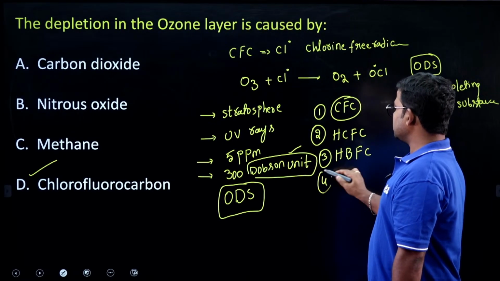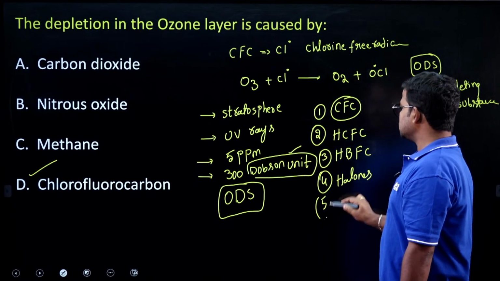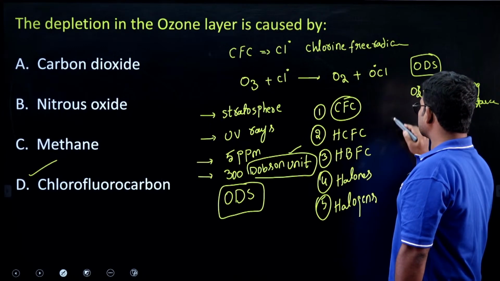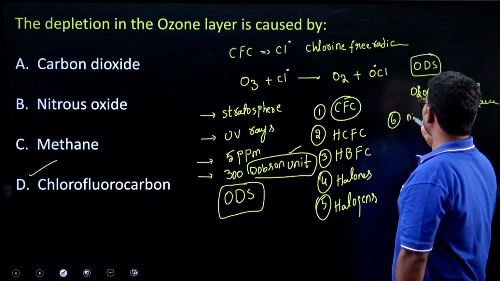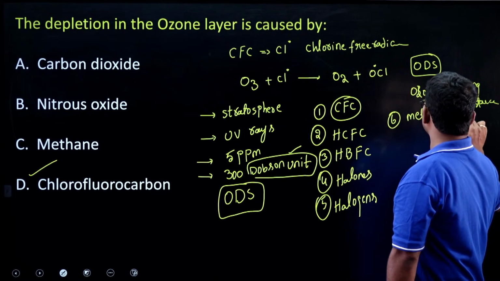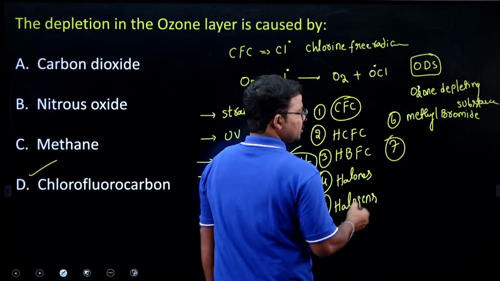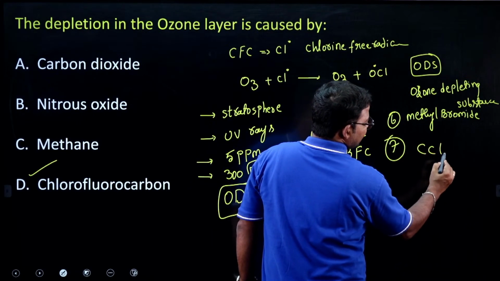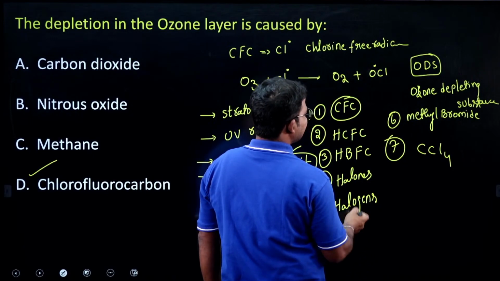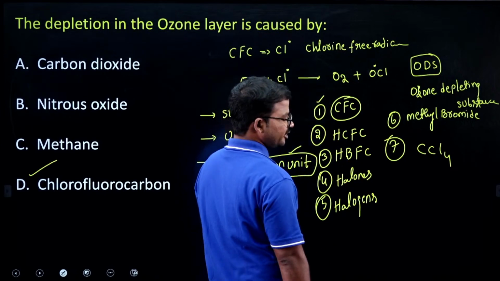Fourth is halons. Next, methyl bromide. Next, carbon tetrachloride. These are some of the major chemicals responsible for ozone depletion.